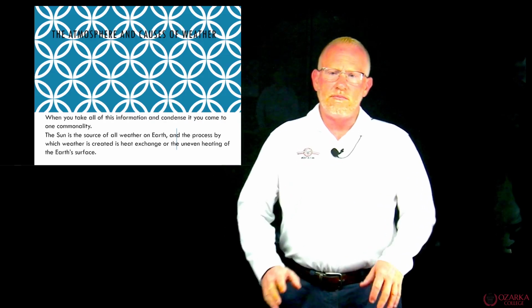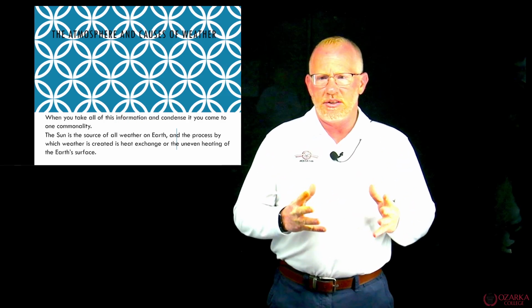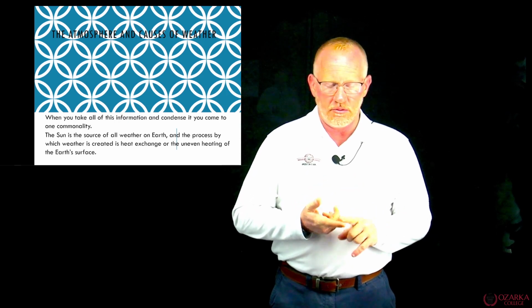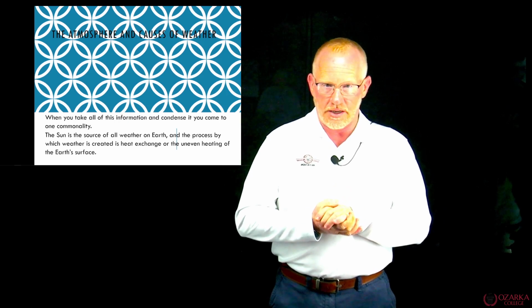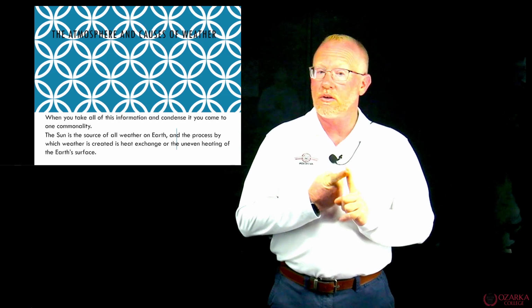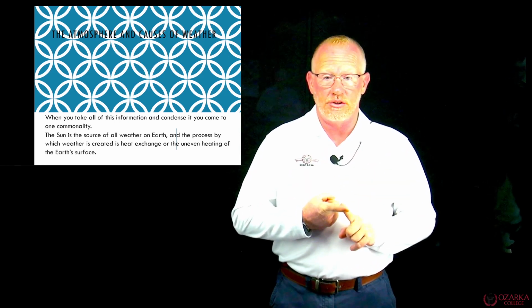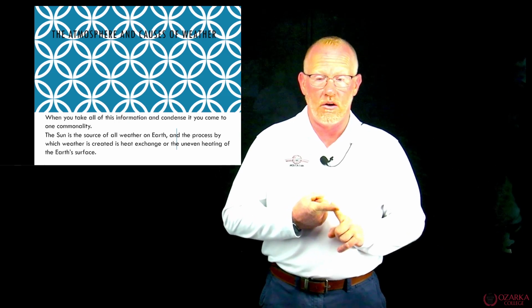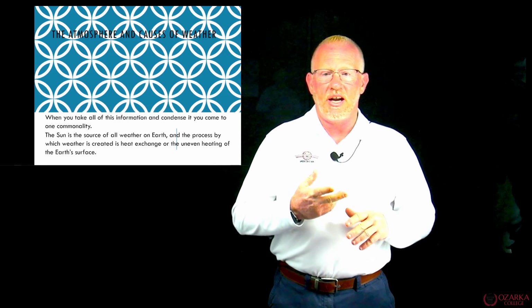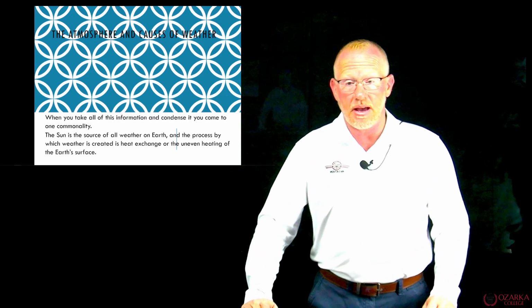So when you take all of this information and you condense it, you come to one commonality. Okay? This is very important. You need to remember these right here. The sun is the source of all weather on earth, regardless. And the process by which weather is created is heat exchange, or the uneven heating of the Earth's atmosphere.